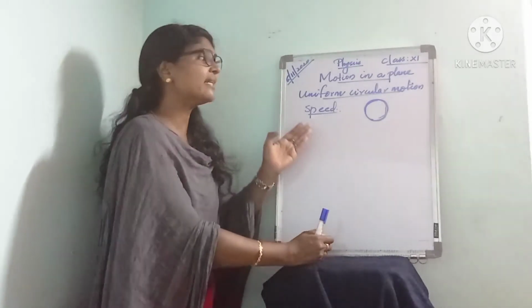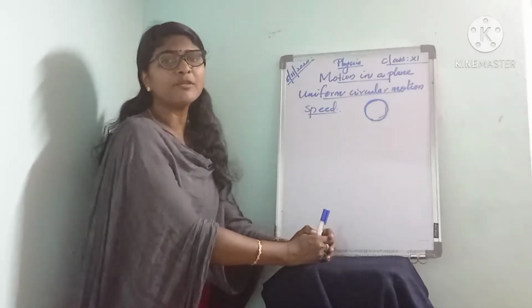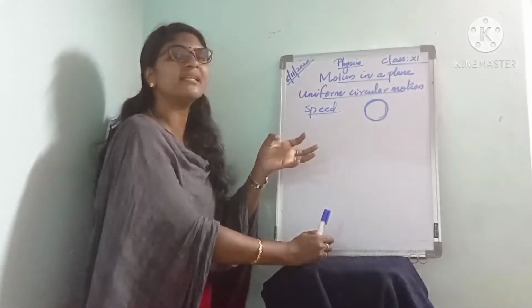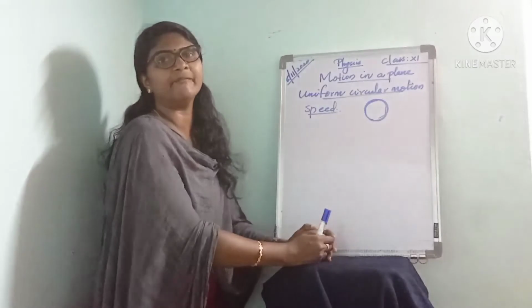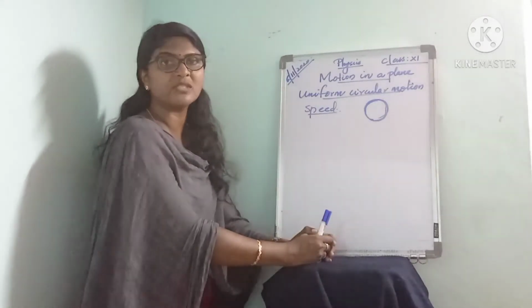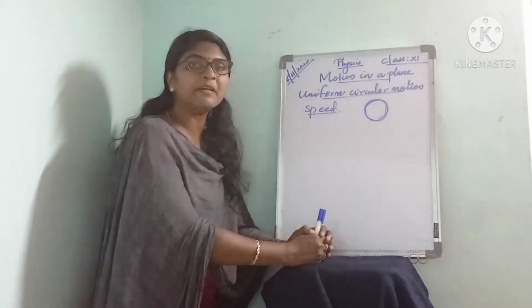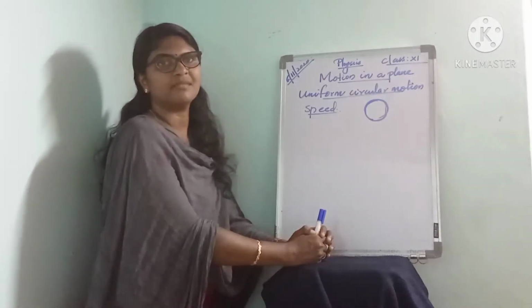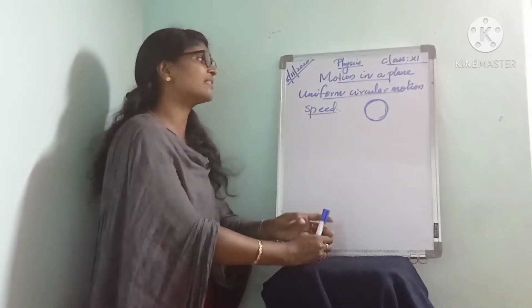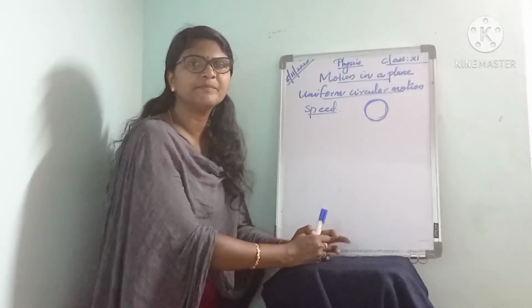This type of motion is a two-dimensional motion, because the circular motion takes place in a plane. It is confined to a plane, so it is an example of two-dimensional motion.